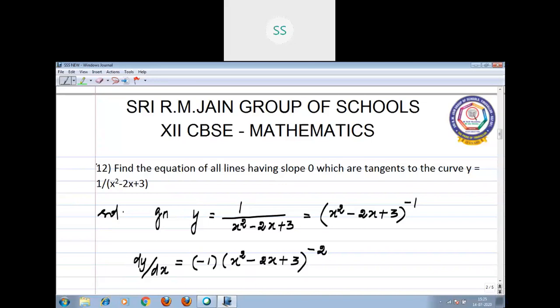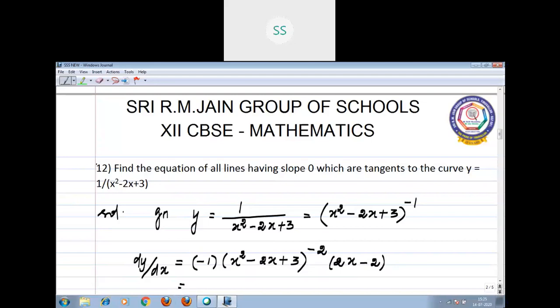Power is over. Then you enter into the bracket. It is a quadratic polynomial, that also you want to differentiate. So x square gives 2x, minus 2x gives minus 2, right?